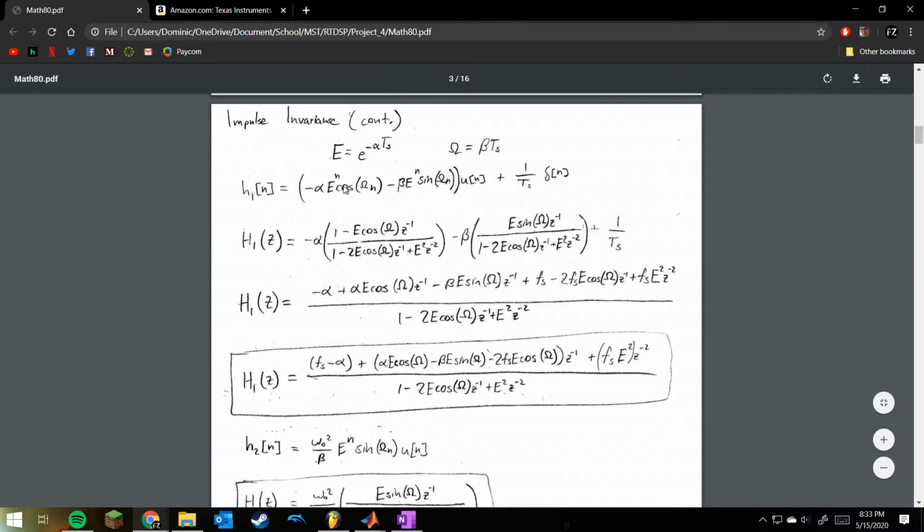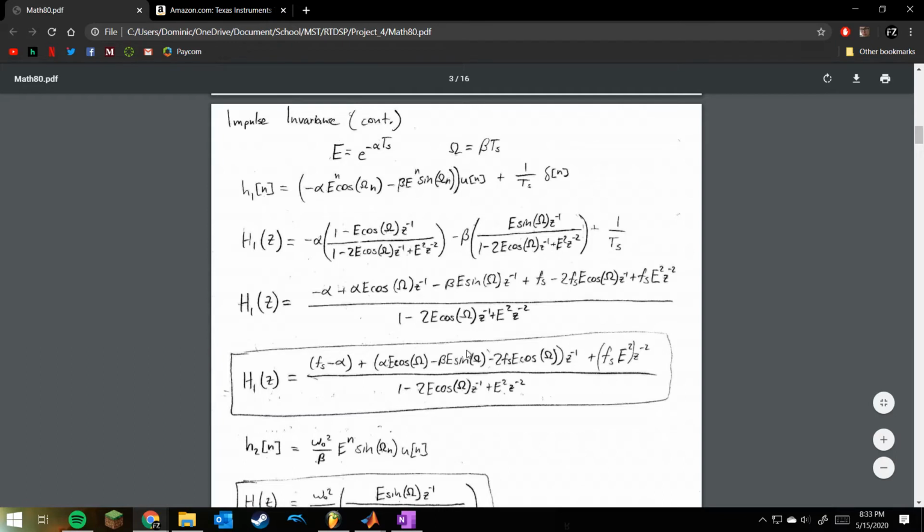And then once we have this, we know transform pairs for this part and this part, and so we do that here. And of course, alpha and beta here are just coefficients, they're just scalars, so they can just sit out in front. And then the z-transform of the delta n is just 1, so we just get 1 over Ts there.